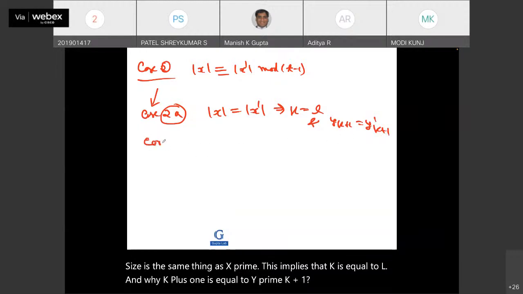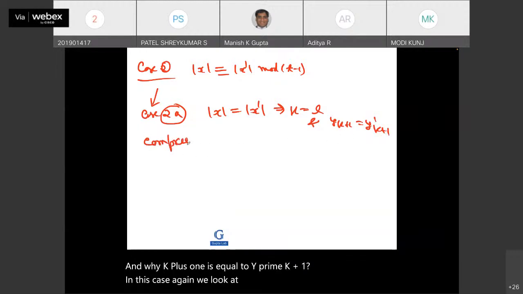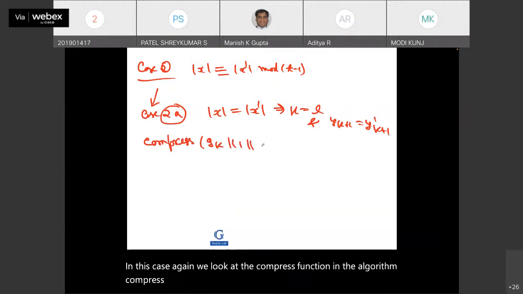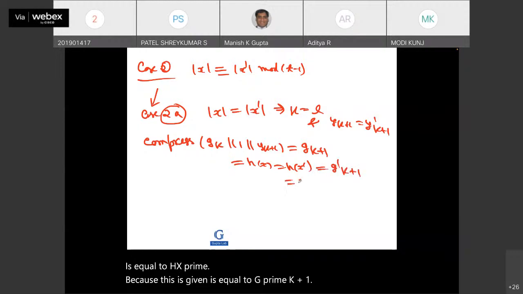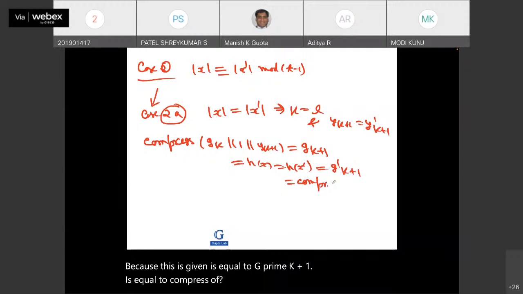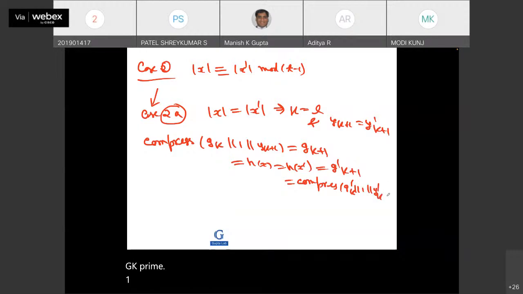In this case, again we look at the compress function in the algorithm. Compress of g_k concatenated with y(k+1) is equal to g(k+1), which is equal to hx, which is equal to hx prime because this is given, which is equal to g prime (k+1), which is equal to compress of g_k prime concatenated with y prime (k+1).